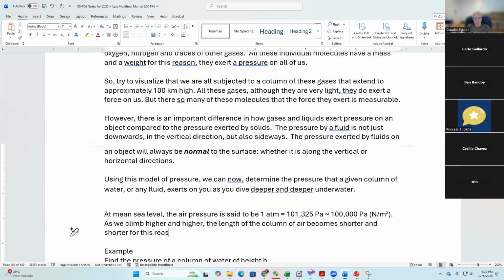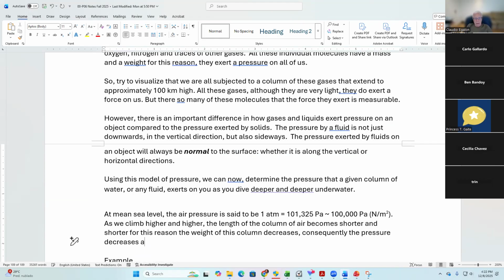For this reason, the weight of this column decreases. Consequently, the pressure decreases as well at the top of a mountain.